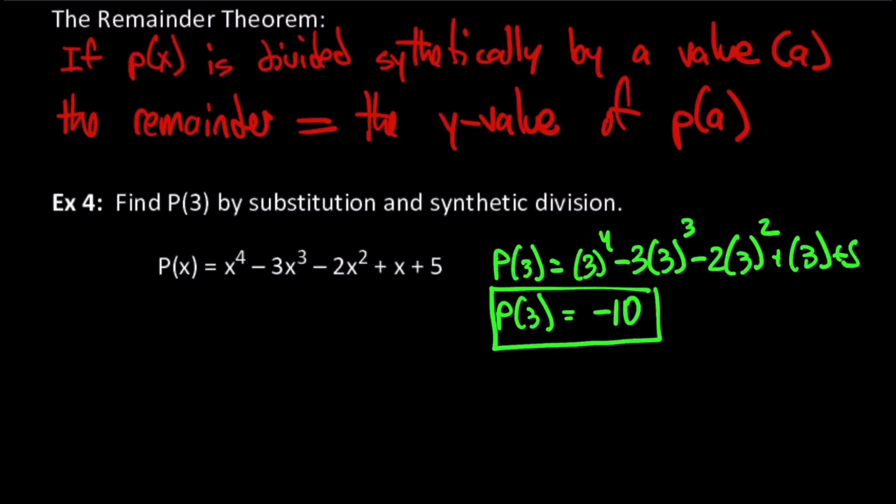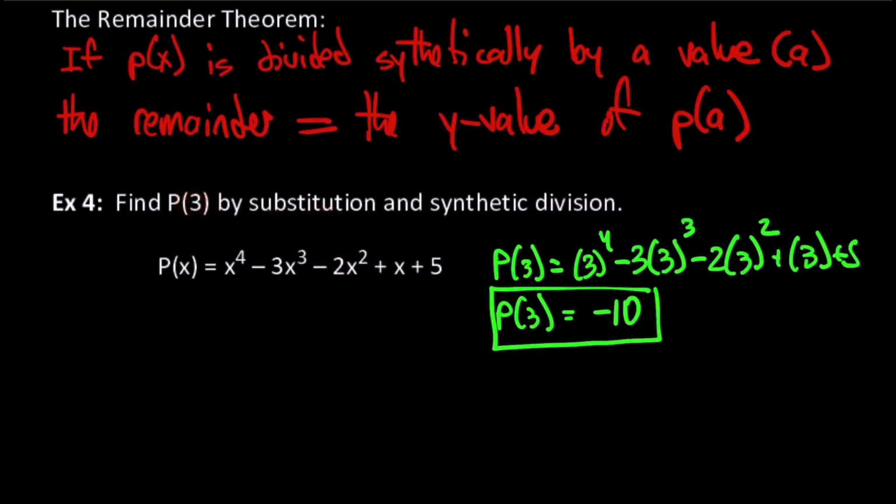But what if I did ask you to do this, and we were dealing with a large number, and I wanted you to do it without a calculator? That's when we could use synthetic division. The process might be a little bit longer, but the numbers are much smaller and easier to deal with. So if I want to evaluate p of 3, notice, that is my x value. That's my root.